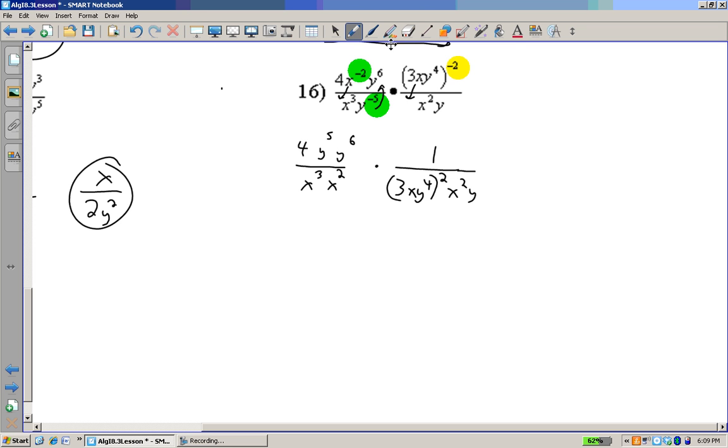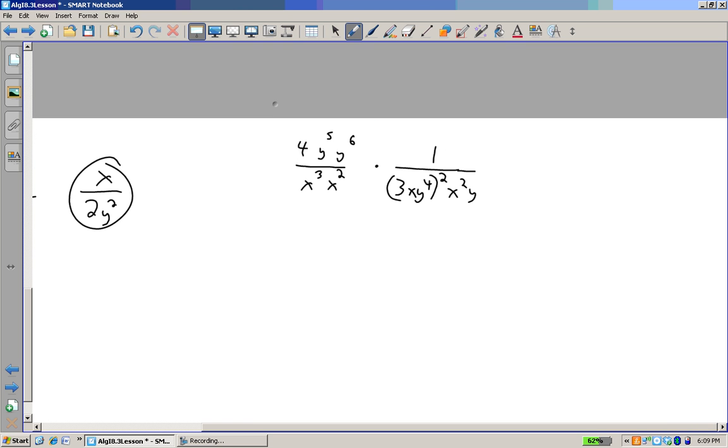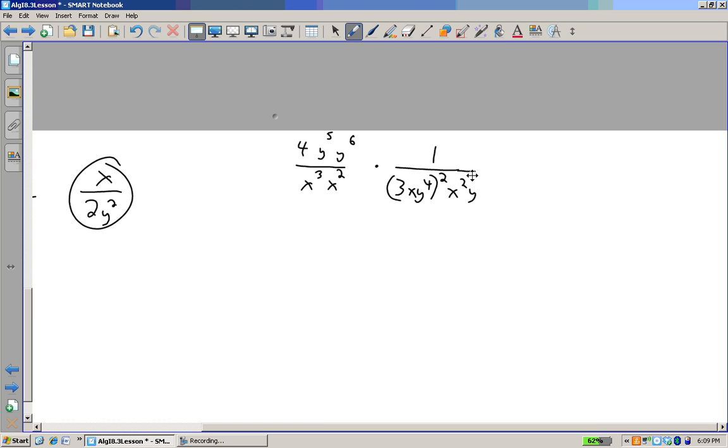Now, if you're looking at this problem here, I immediately look here. I can't do anything until I work on this. Well, technically, you could work on this part, but I'm scared students may try to simplify something that's inside these parentheses with something that's outside.